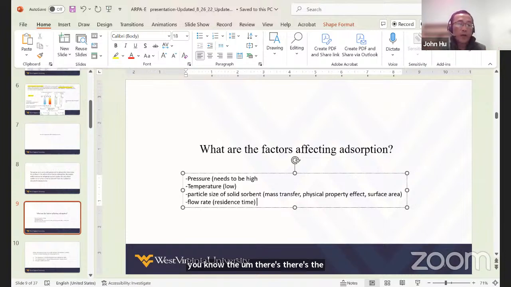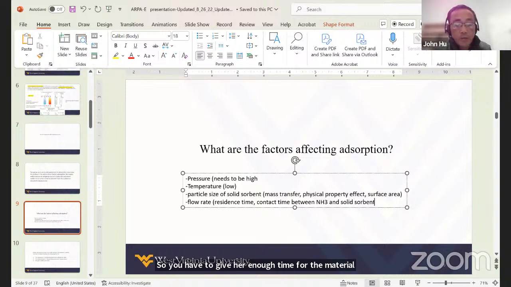You can't flow very fast. If you flow very fast, nothing will adsorb. You're right. In terms of chemical engineering, it's called residence time, or contact time. You have to give enough time for contact between ammonia and the solid sorbent. Very good. Keep on going. There'll be more.